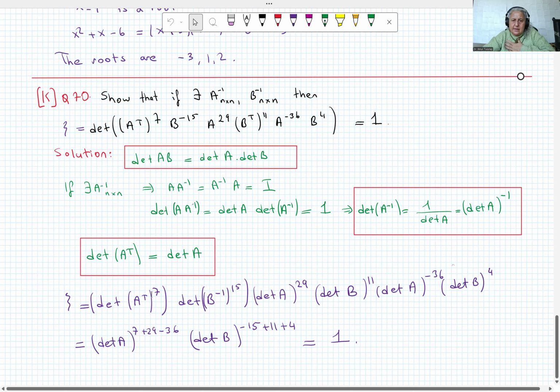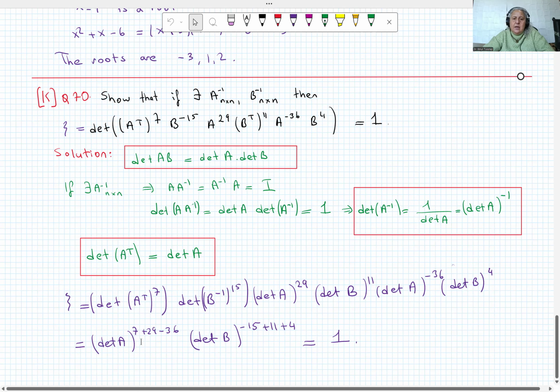That will be 7 plus 29 minus 36 as the power of the determinant of A. And the power of the determinant of B will be minus 15 from this side, because I've used this property for B inverse to the 15, right? Then the B to the 11 here is a plus 11, and B to the 4 is a plus 4.